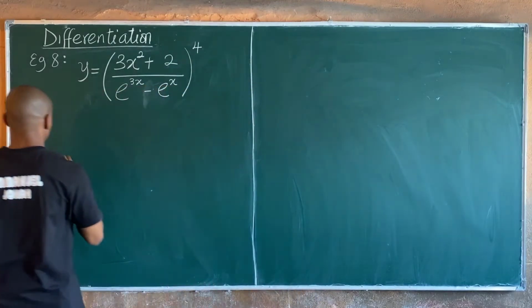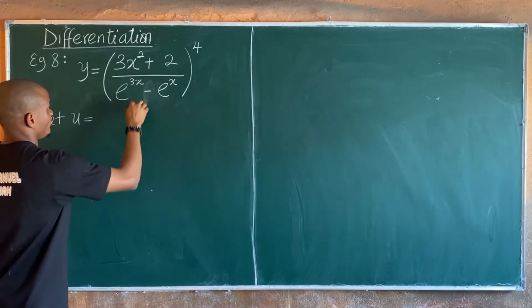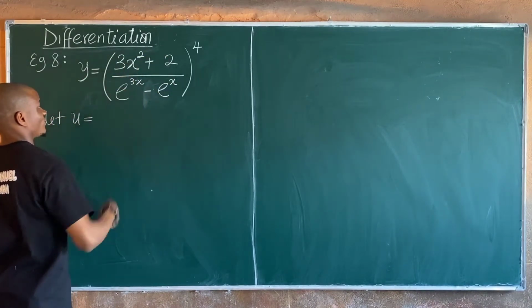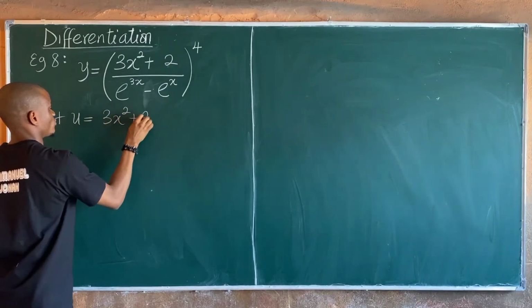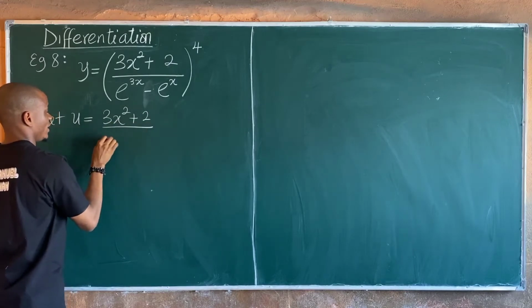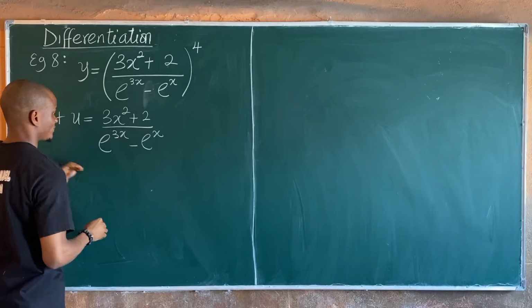For chain rule, I will say let u be equal to the term in the bracket here, that's 3x squared plus 2 all over exponential 3x minus exponential x.